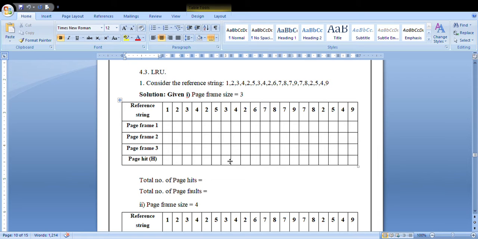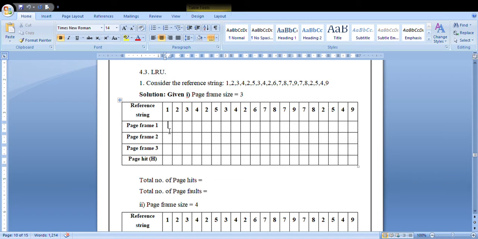For example, if 2 already exists in the page frame and arrives once again, at that point you consider the value of 2 as 1. It means the count restarts from that column. You will get clear about it once you solve the problem.